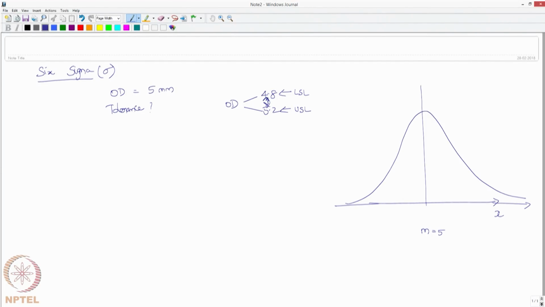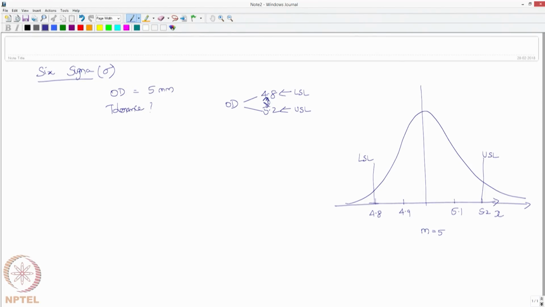And then I have some values here: 4.9, 4.8, 5.1, 5.2, right. So, now these are my specification limits. This is my lower specification limit and this is my upper specification limit.